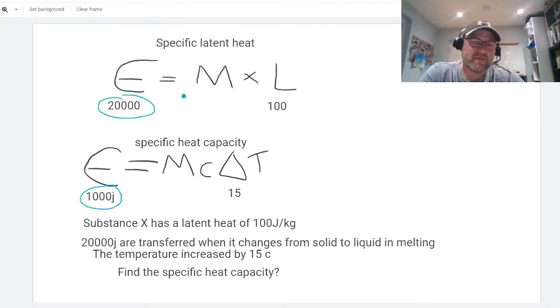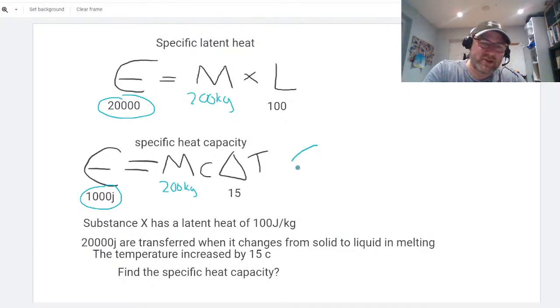I can find the mass of the object by going 20,000 divided by 100. So it's 200 kilograms. I can take that down here: the mass is 200 kilos, so 1000 equals 200 times C times 15.